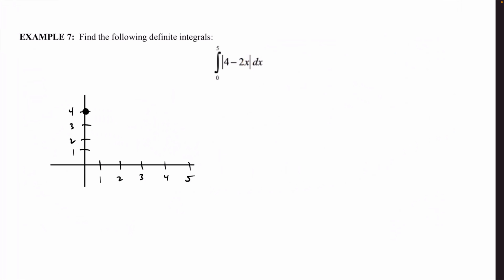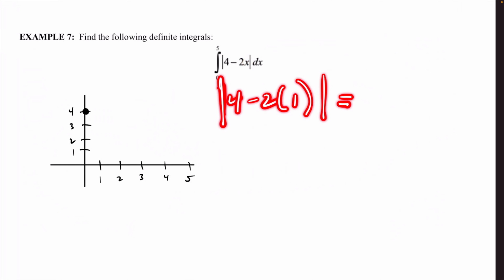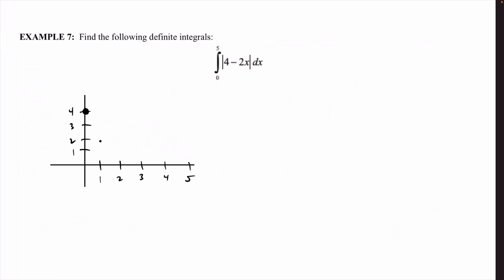When I plug in 1, what do you get? 2. 4 minus 2, absolute value, 2. What's going to happen when I plug in 2? 0. One side is a straight line with a slope of negative 2.